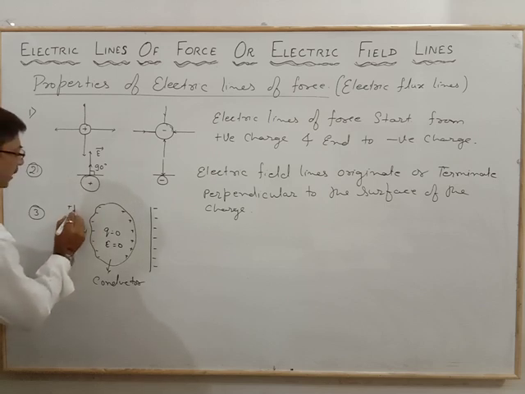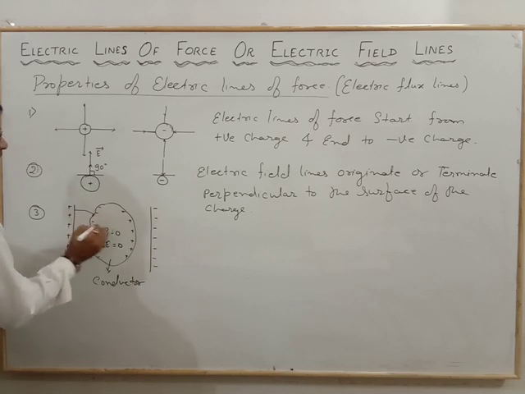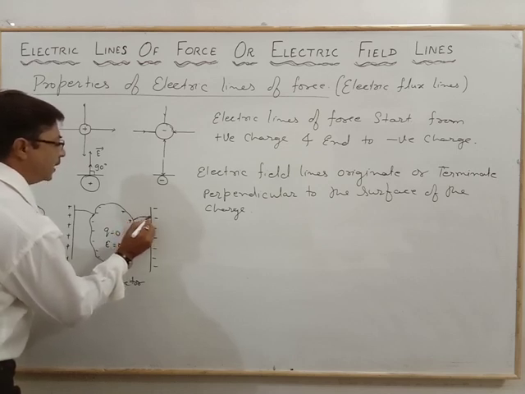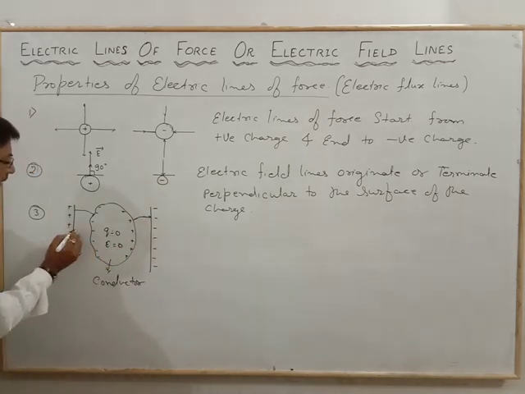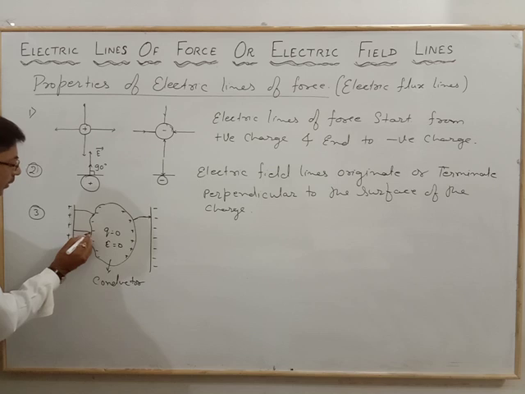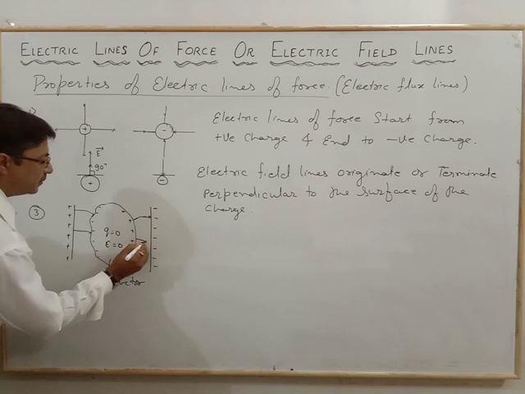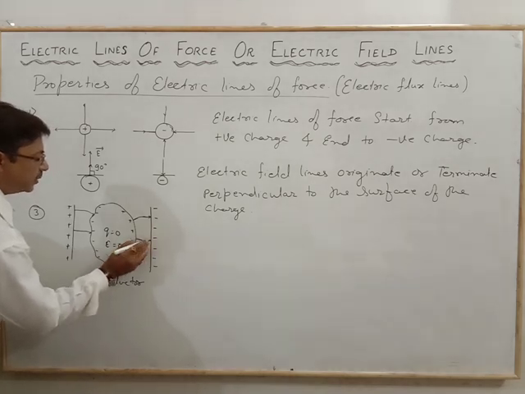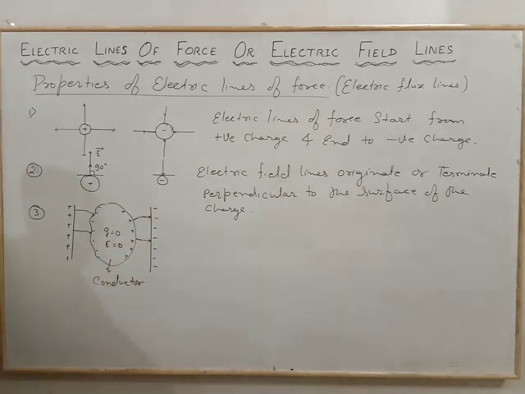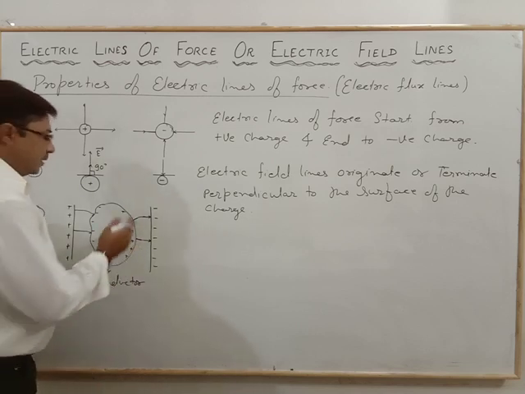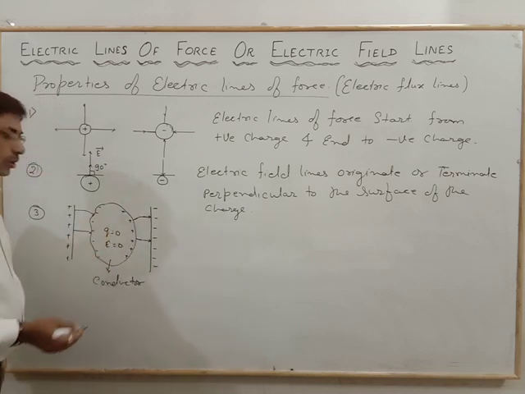The field lines originate from the positive and move to the negative, always perpendicular to the surface where they generate or terminate. But inside the conductor there are no electric field lines, because no charge is there.